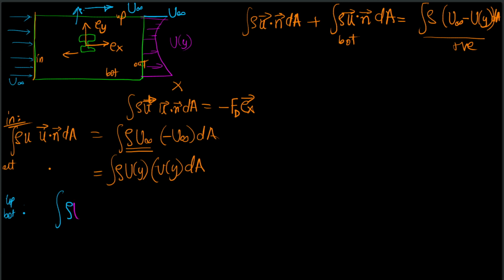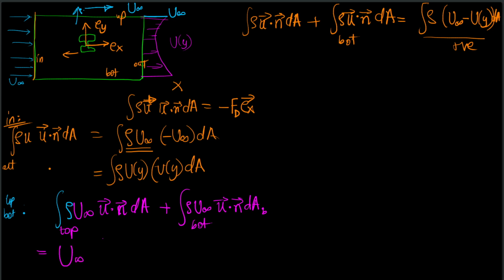So it will be rho u infinity, but now this flux is still this. This is going to be top plus rho u infinity u dot n dA at the bottom. This particular term can be combined as u infinity times the integral of rho u dot n dA top plus the integral of rho u dot n dA bottom.